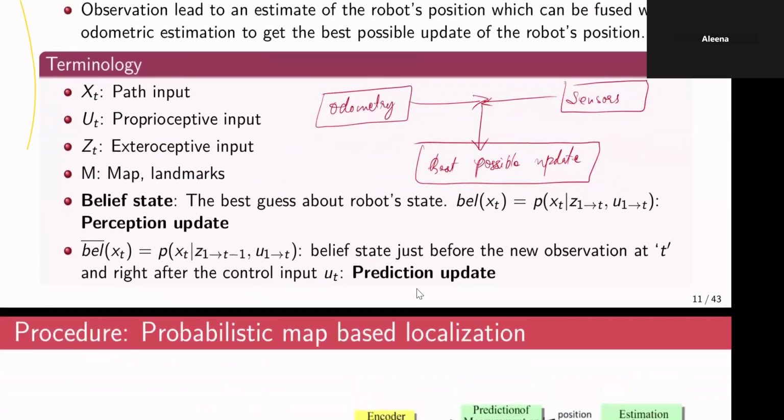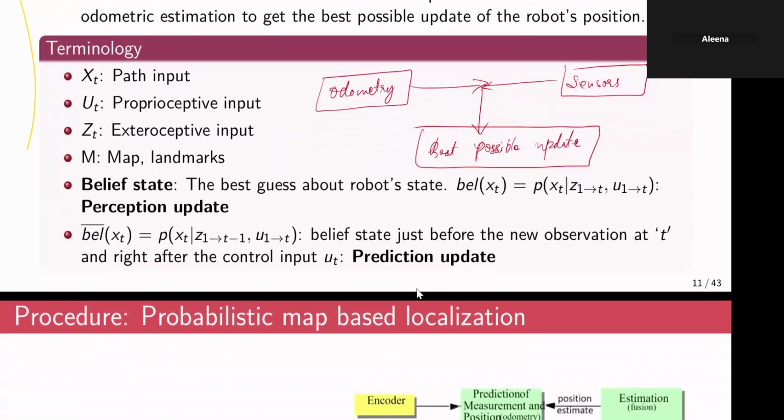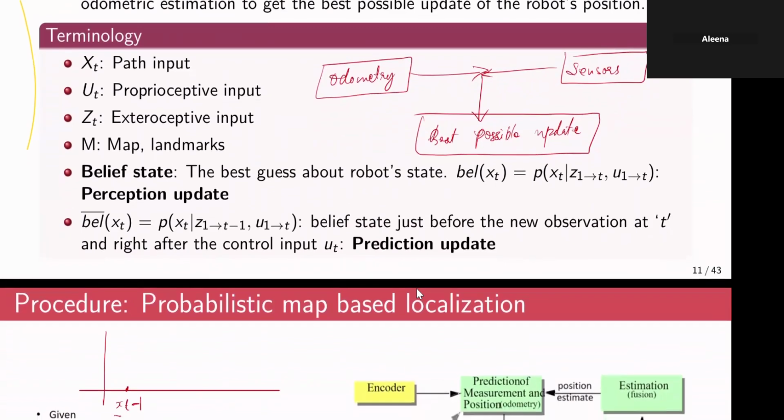This can be demonstrated by a small illustration. If this is xt minus 1, the previous state, and this is zt minus 1, the sensor reading up to the previous stage, and you are supplying a control input into the motors ut, the robot reaches its new position. We call this xt, right?